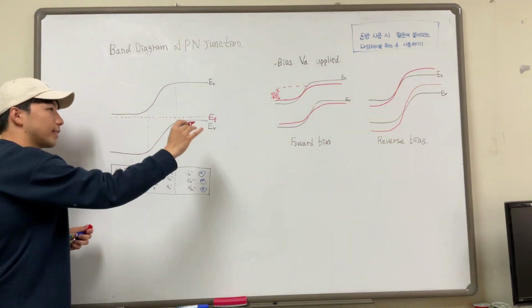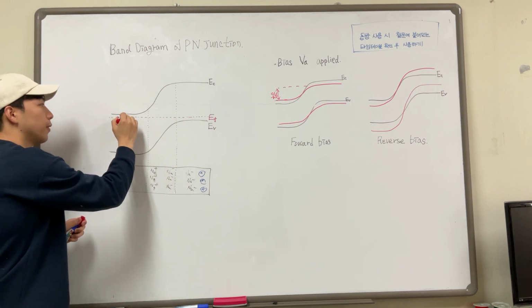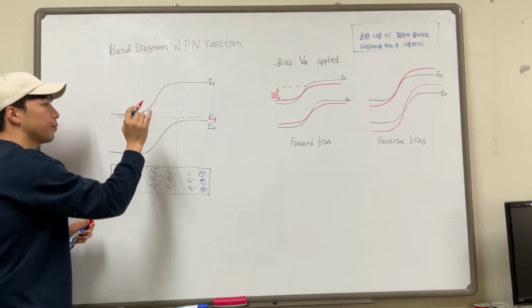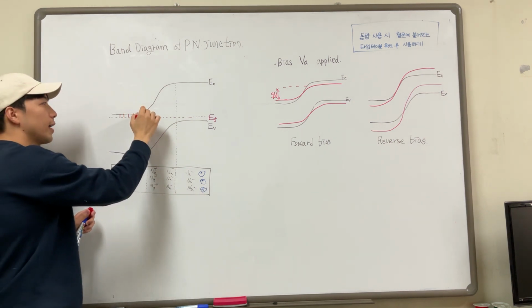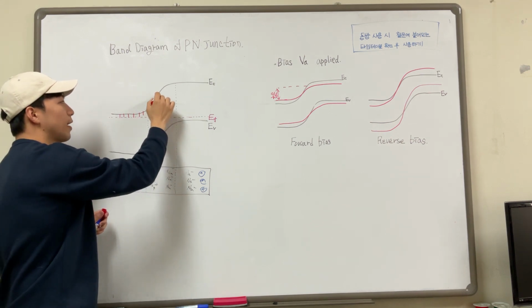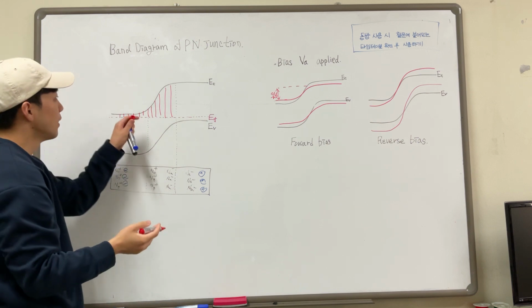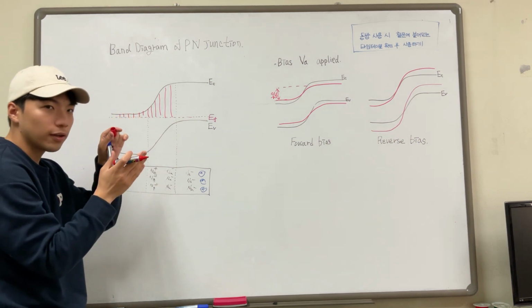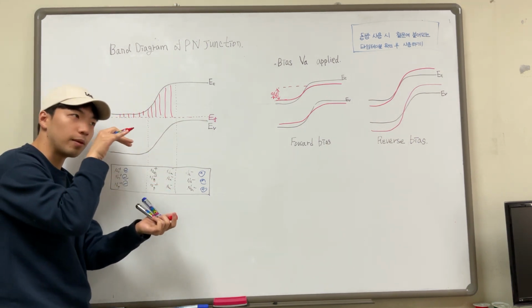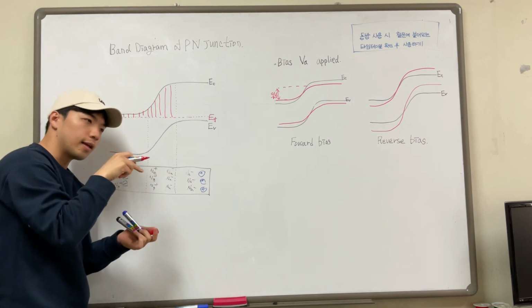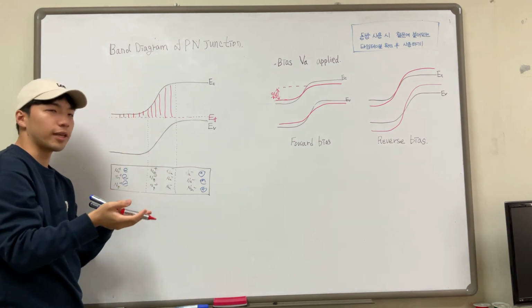But when the x-axis goes up, the gap between the conduction band and the Fermi level gets larger. That means the concentration of electrons becomes exponentially smaller.